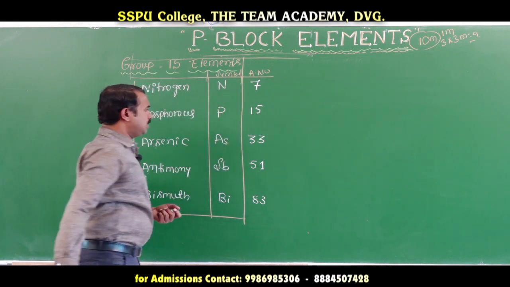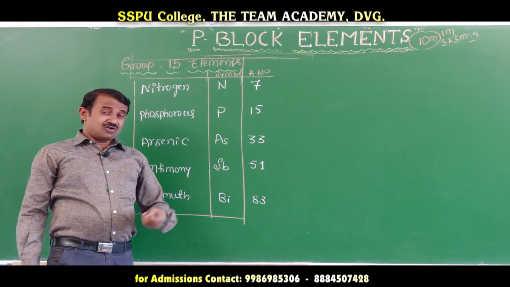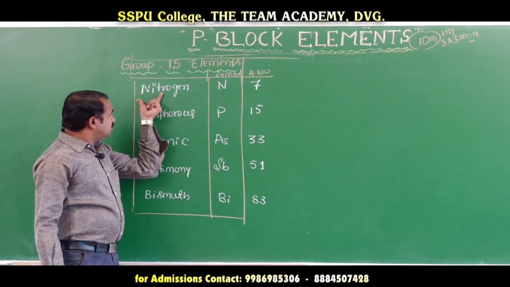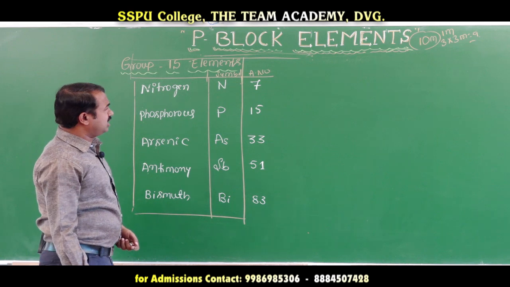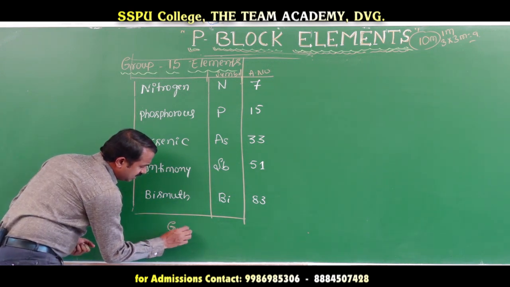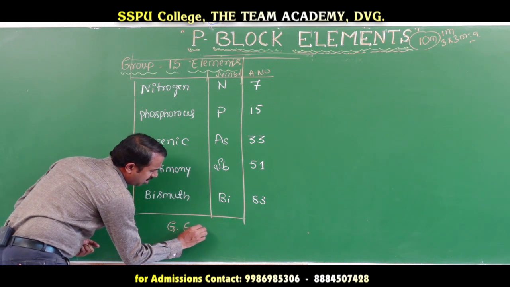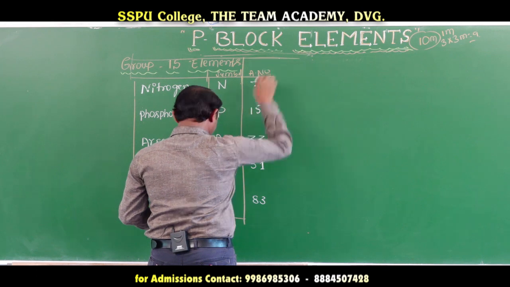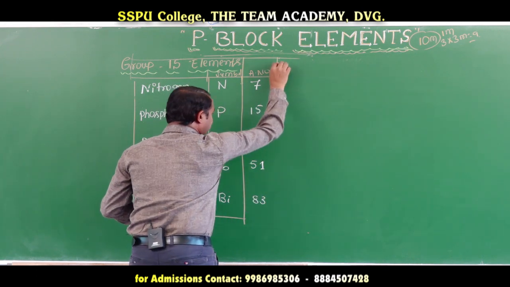Next we will go for the occurrence of these elements and the general electronic configuration. Coming to the electronic configuration of group 15 elements.